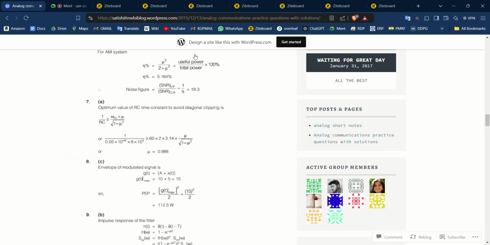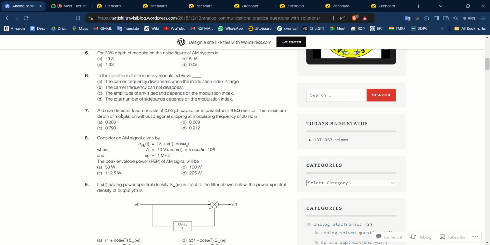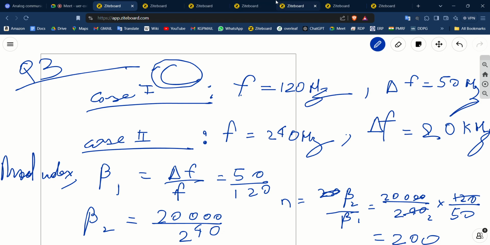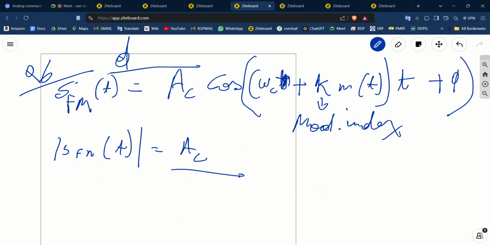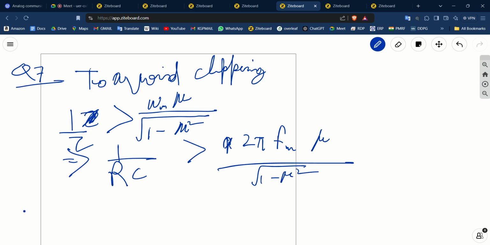What is omega_m? R and C are given: 0.05 microfarad and 8 kilo ohm. Let's put the values. 0.05 microfarad is 5 into 10 to the power minus 8, and R is 8 into 10 to the power 3.